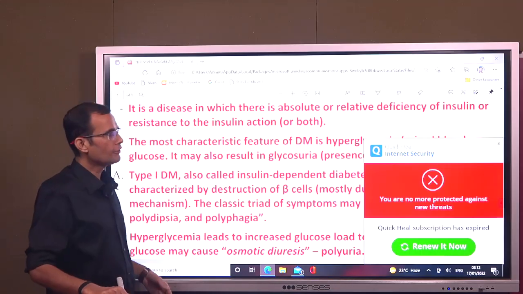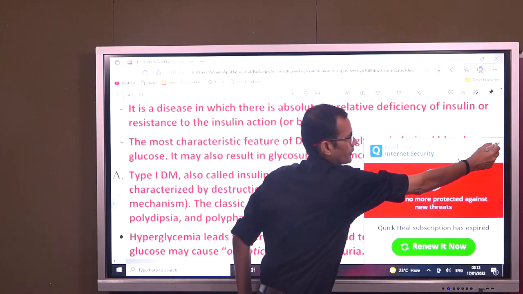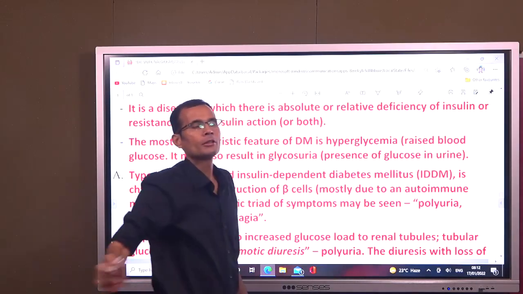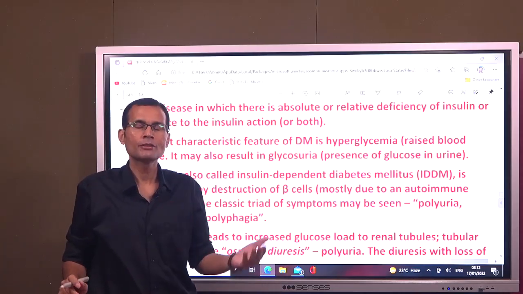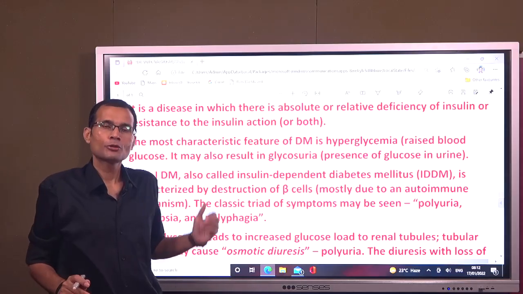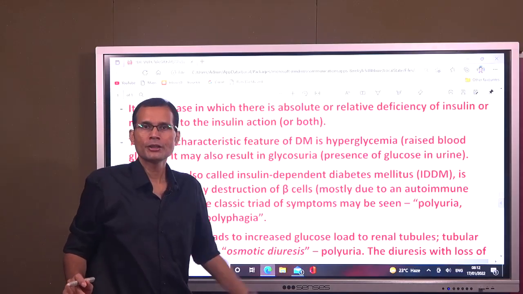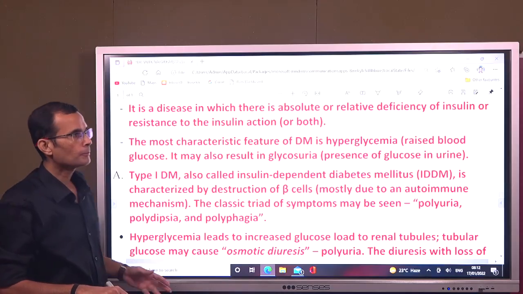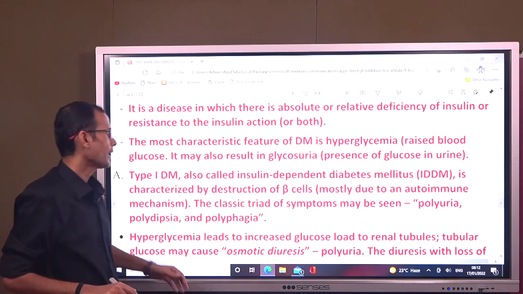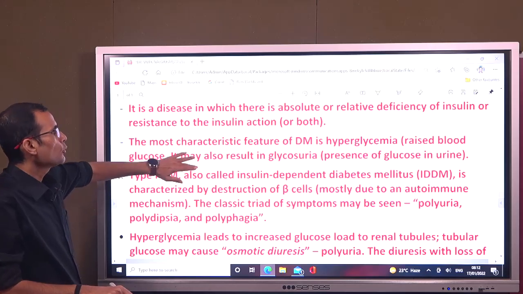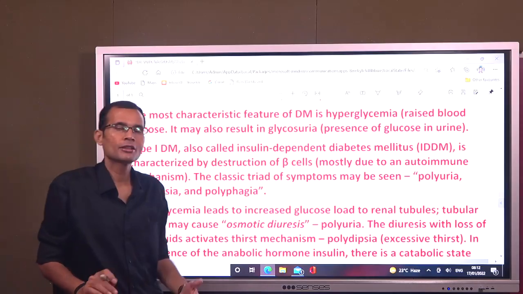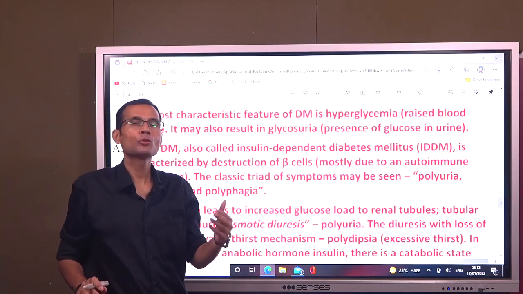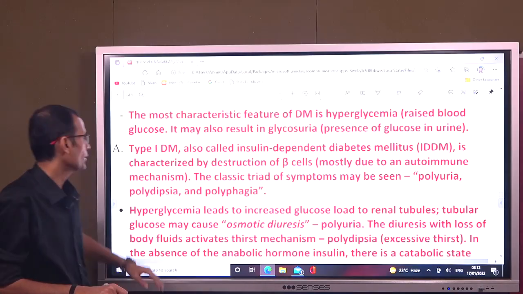This disease was known because urine was increased in volume, and there was loss of glucose in urine, and therefore honey-like, that's mellitus. Okay, the most characteristic feature is hyperglycemia, and it may also result in glycosuria. Glucose will be lost into the urine.